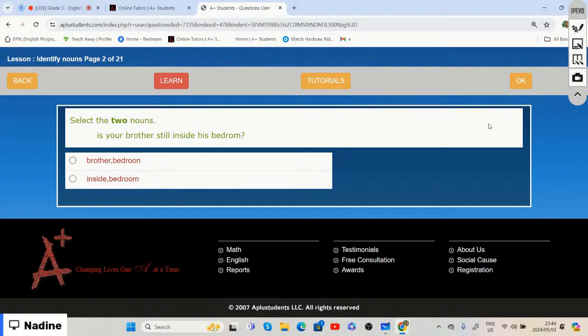All right. So if we choose the correct one, we will choose brother, who's a noun, names a person, and bedroom, it names a thing.